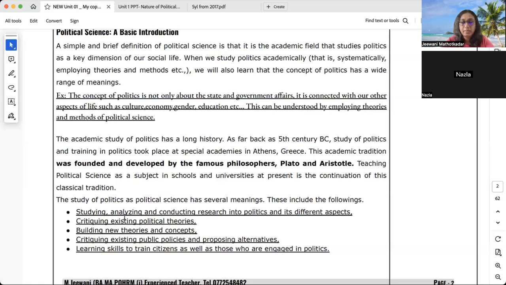Building new theories and concepts. Next one, criticizing existing public policies and proposing alternatives.